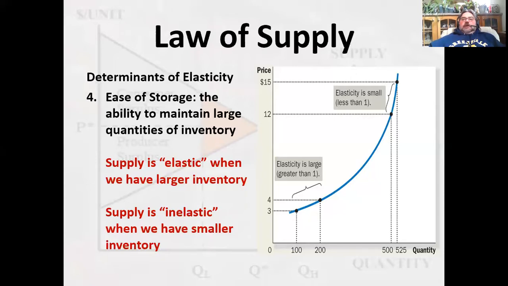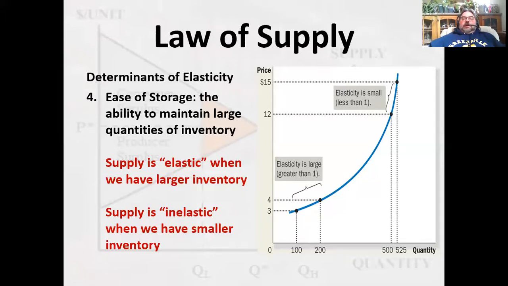Even if I can't step up my production, even if I can't buy a new machine, even if I can't repurpose one of my factories from one product to another, if I have a large stockpile of that product in a warehouse somewhere, I can meet the increased demand without any delay. And so if I have that large inventory, if I have the ability to store large quantities of my product, I'm said to be very elastic.